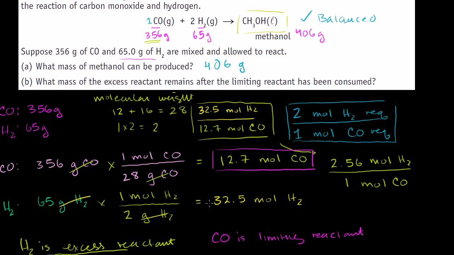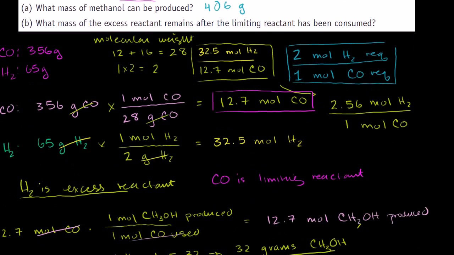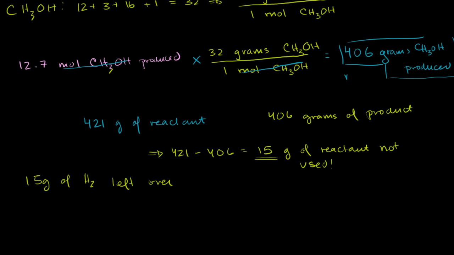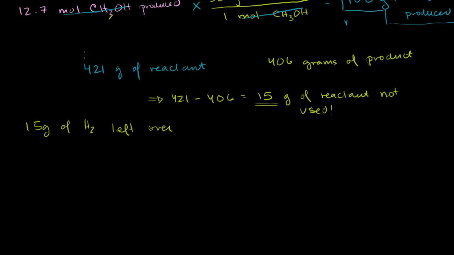You'd multiply it times the grams per mole, which is 2, and then you once again would get the same thing. You would get 15 grams. Let's do that. I just want to make sure you understand. So we are starting off with 12.7 moles of carbon monoxide, and we know that 2 moles of hydrogen are required for every 1 mole of CO, carbon monoxide.